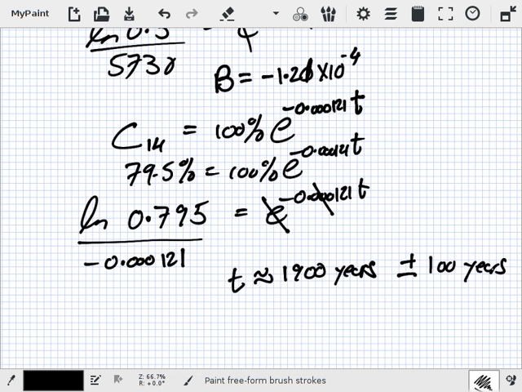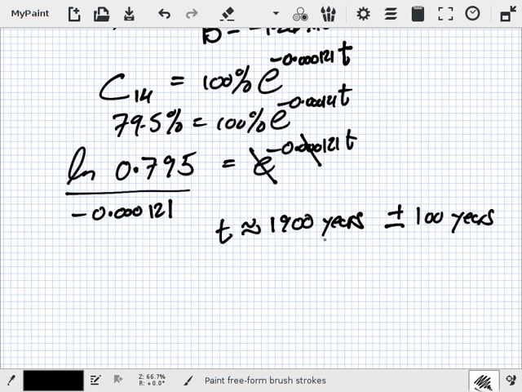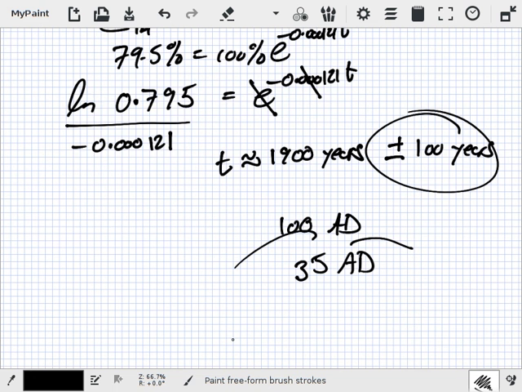This is a famous example of carbon-14 dating because at the time it was really important to know how old they were, because 1900 years ago would make it 100 AD. And some people were wondering if they were older or younger than 35 AD, roughly. So you realize because of the plus or minus 100, you can say, well, it might be or it might not be.